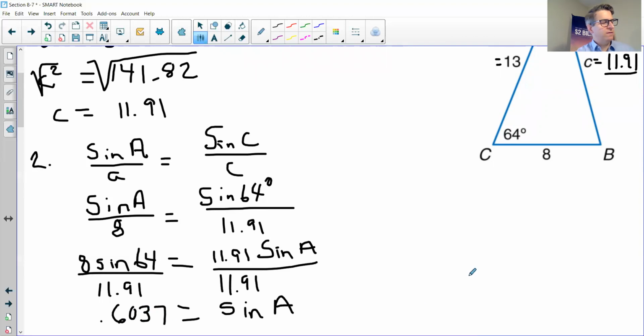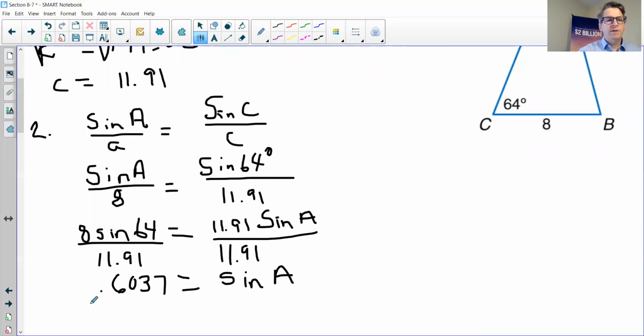The inverse sine function will give us the angle A, and angle A is 37.14 degrees.